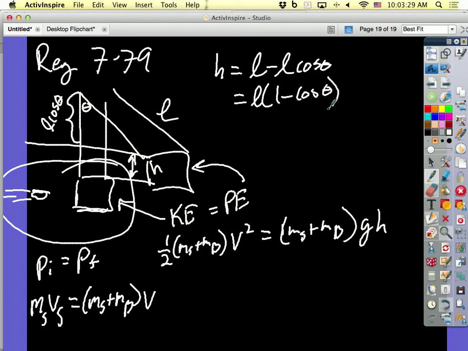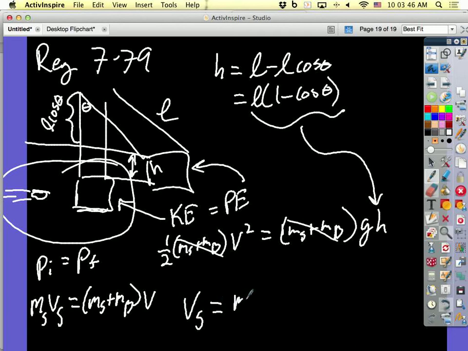So that means I can take this and stick it in there. These masses cancel, and what are we supposed to find out? Oh, we're supposed to find the velocity here. So we can solve this. vs is equal to (ms plus mb) over ms times v. And then what is v equal?